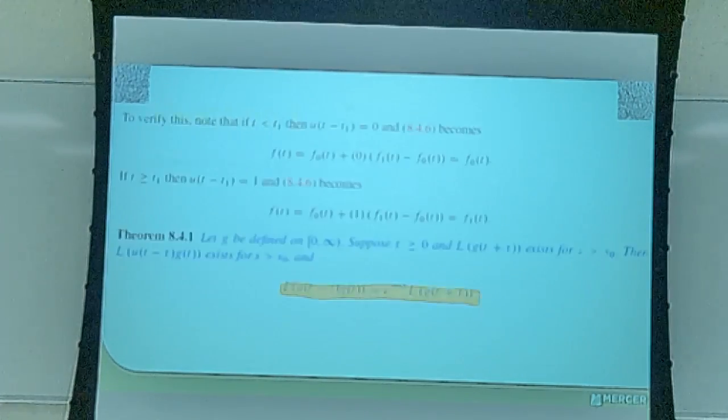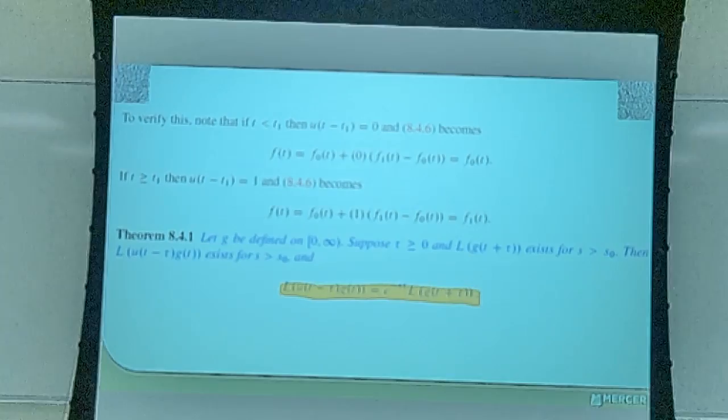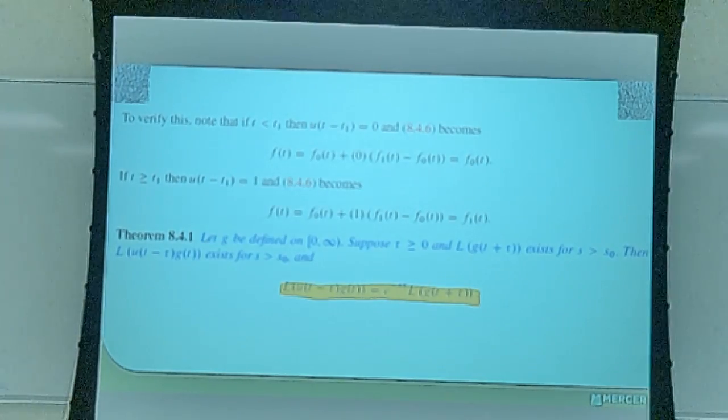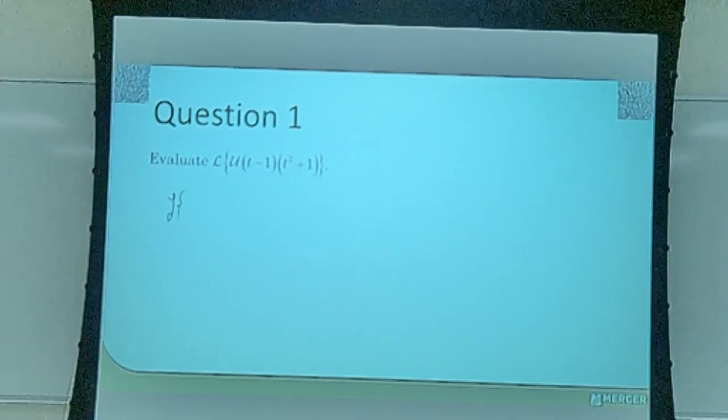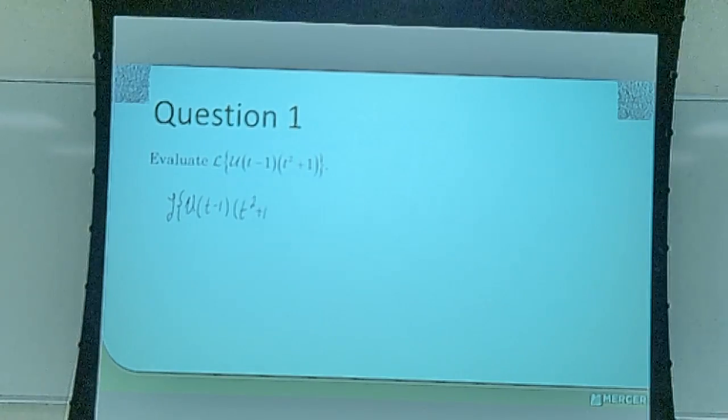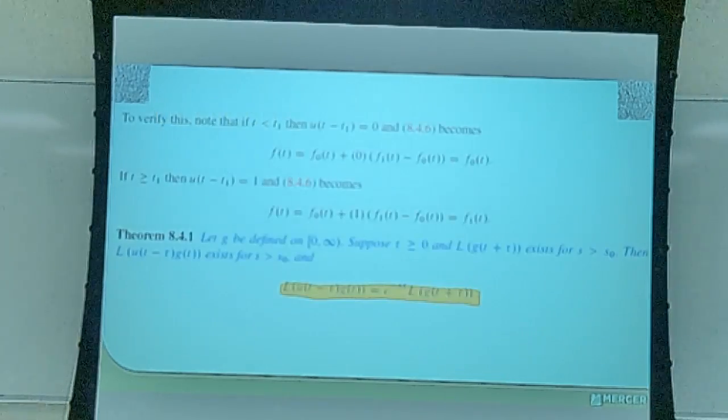So what does that tell us? First, we have to identify tau, which is just 1. So the transform of this is e to the negative s times tau. Tau is 1.